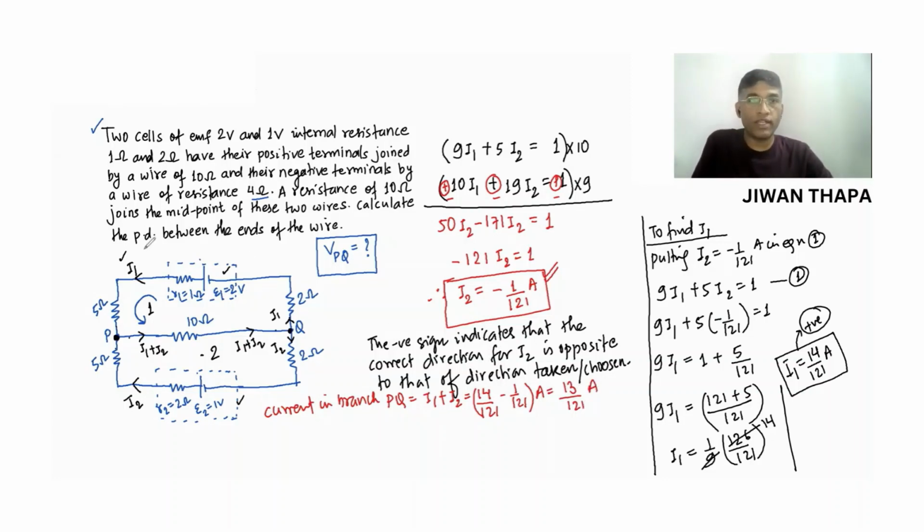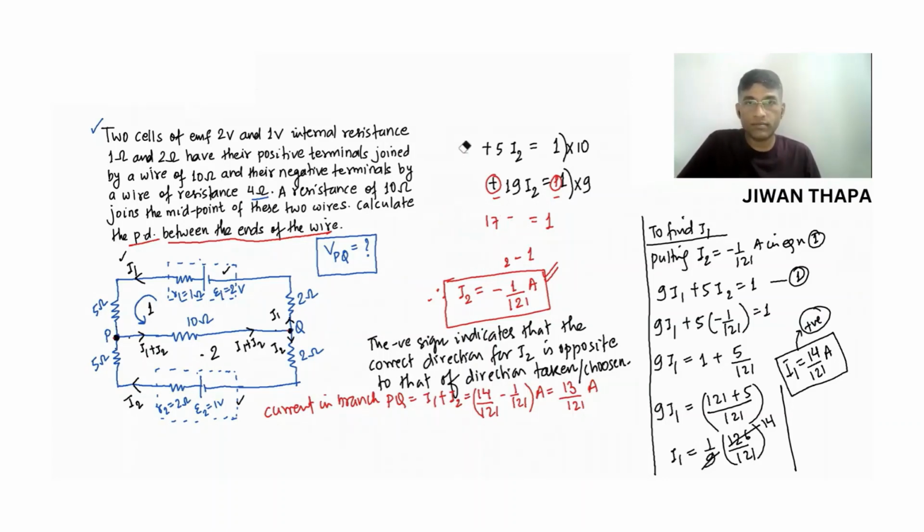Now we are asked to calculate the PD between the ends of the wire, that is potential difference across PQ. I'm erasing this.